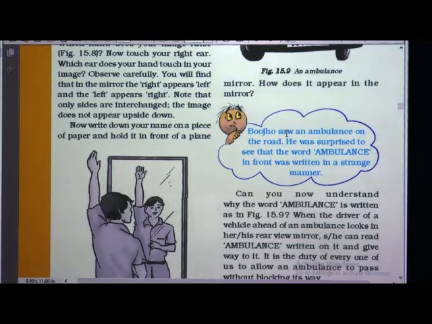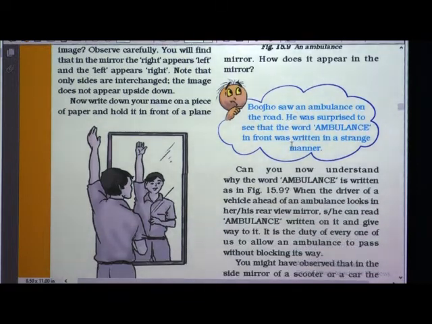It means when you are standing, your head is in the direction of the sky, at the upper side, but in the mirror you cannot see your head at the down position, or your legs at the upside position. This will not happen in the image formed in a plane mirror.